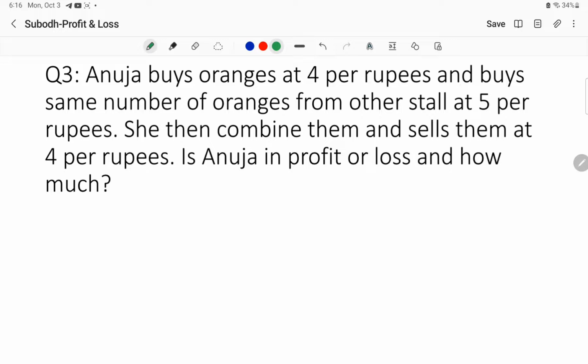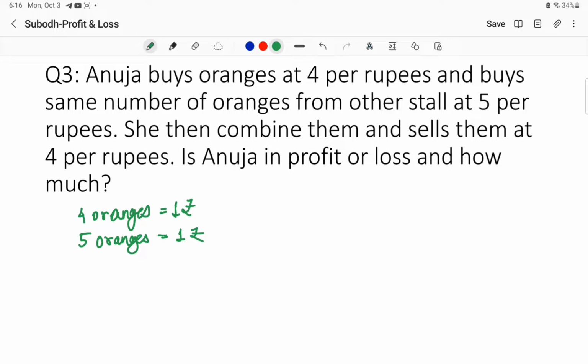In the question it is given that she buys 4 oranges for 1 rupee from one shop, and from another shop she buys 5 oranges for 1 rupee, and then she combines them. Here it is given that she bought the same number of oranges, but we don't know how many.